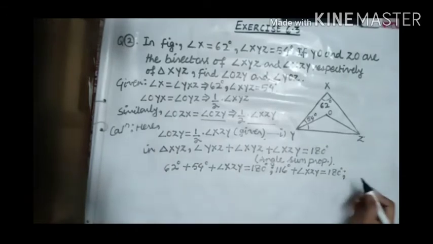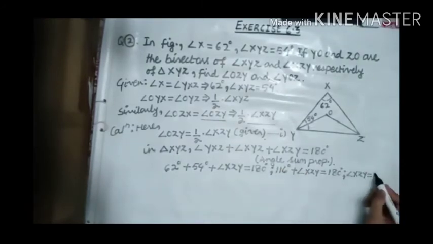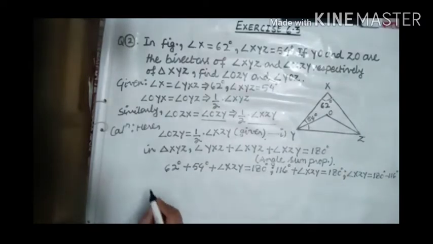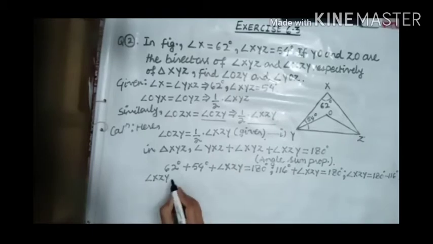On simplifying, it becomes 62 plus 54, 116 plus angle XZY equals 180. Therefore, angle XZY equals 180 minus 116, and this angle XZY becomes 64 degrees.